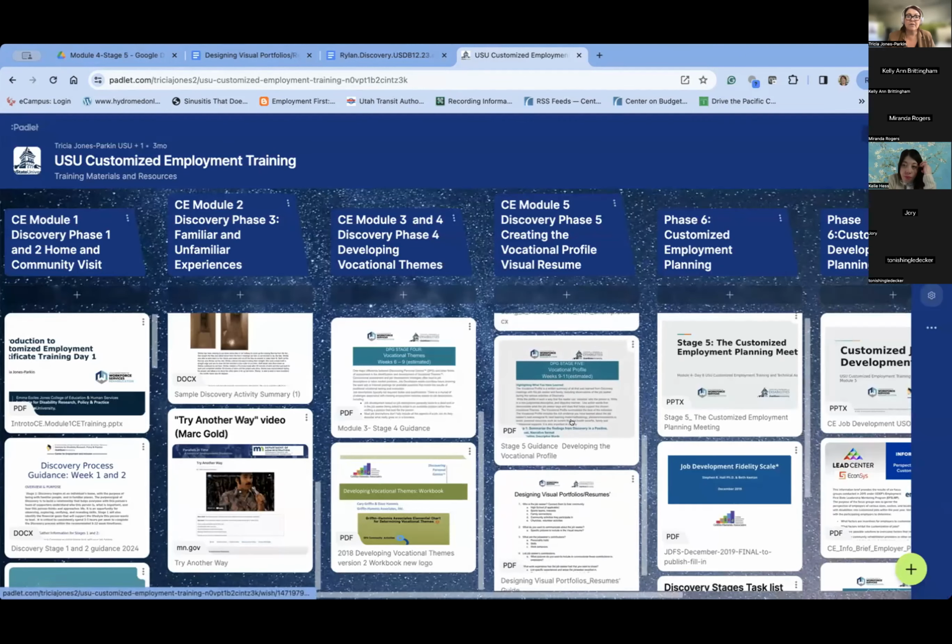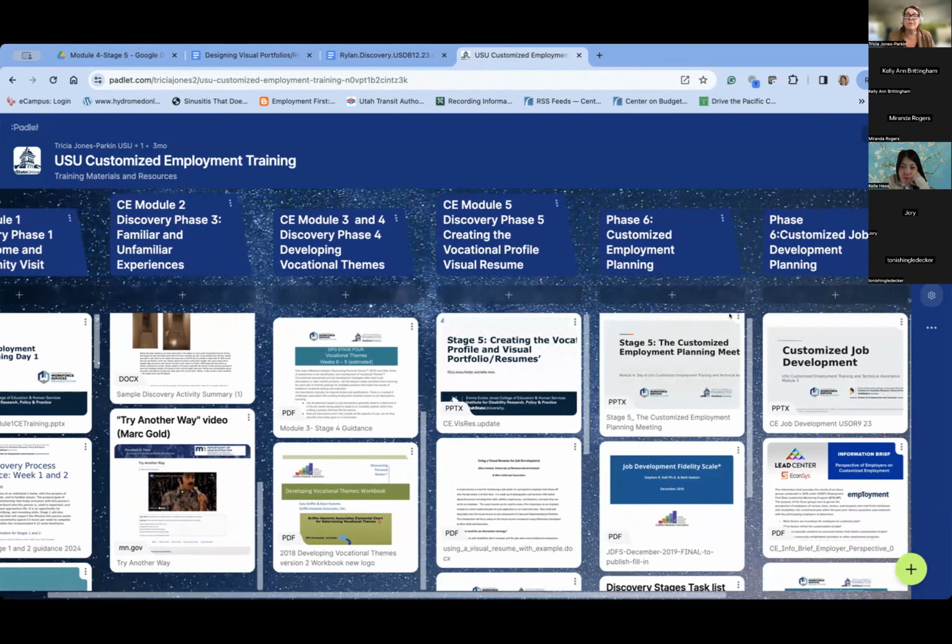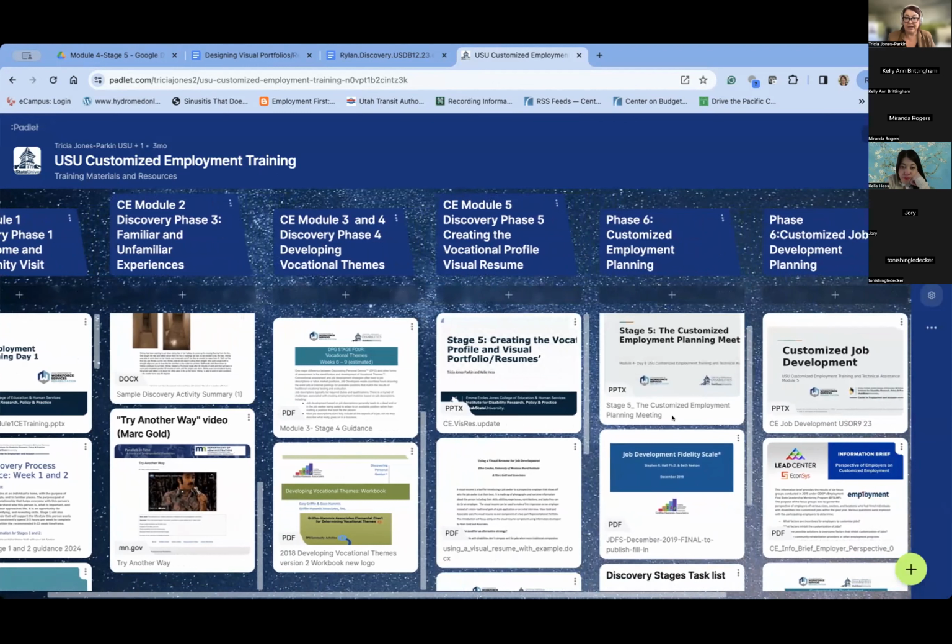And then here's just some additional resources that are about the visual resume and creating the profile. And then tomorrow we'll get into the planning meeting.